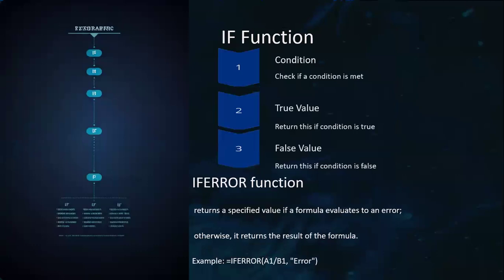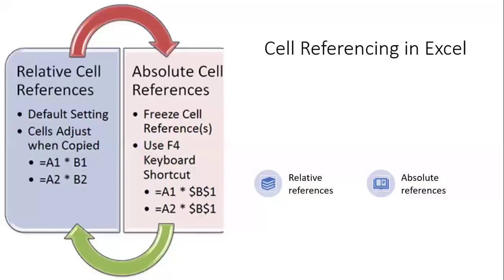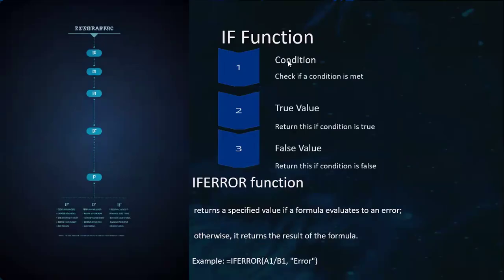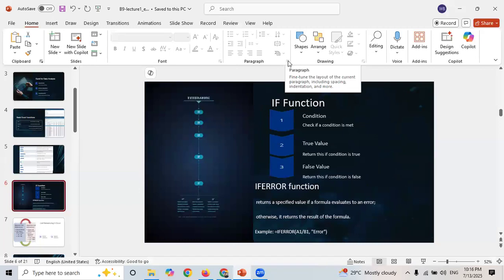Function is a very important topic because it provides built-in functionality. The programming part is already written. We just have to apply that function for a particular task, right? So first we have to work on different functions, and then we will go towards the cell referencing topic. So this was just theory. Let's cover the practical part.